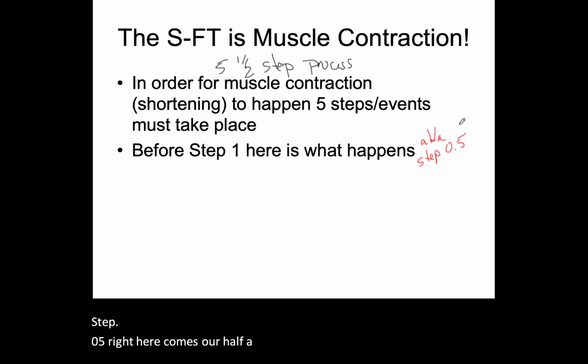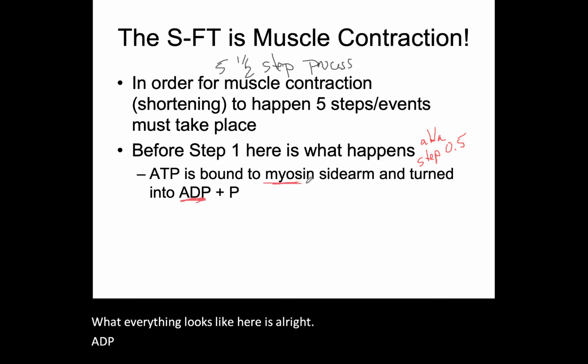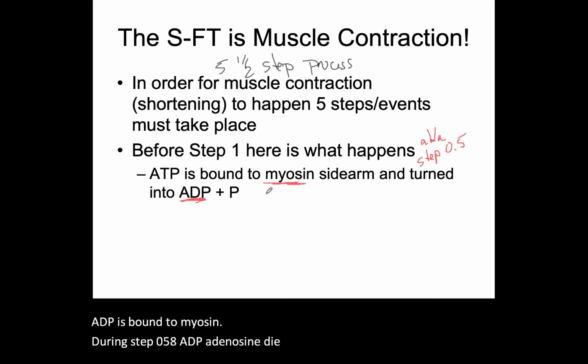So what does everything look like? Well, ADP is bound to myosin during step 0.5. ADP, adenosine diphosphate, is bound to myosin.